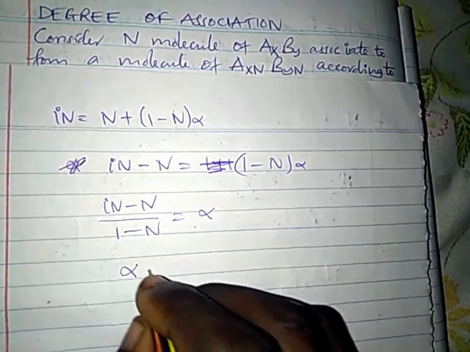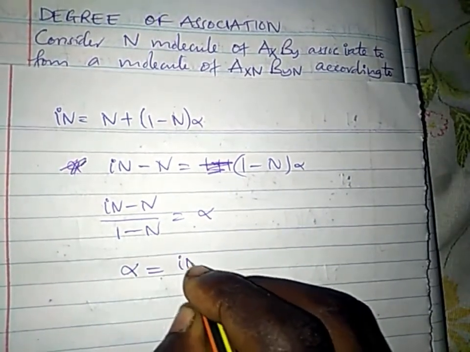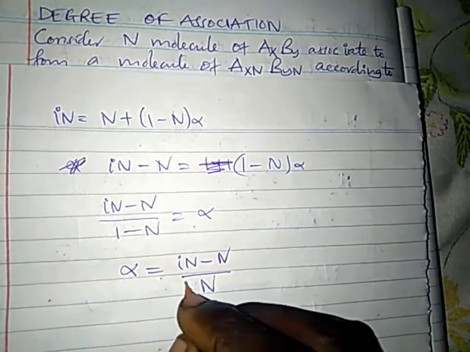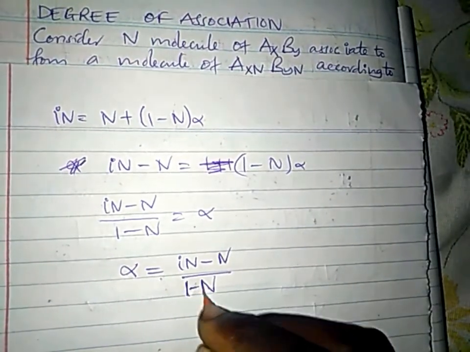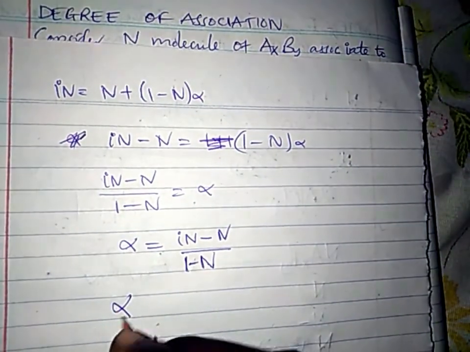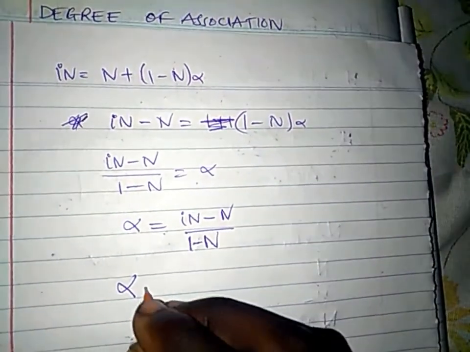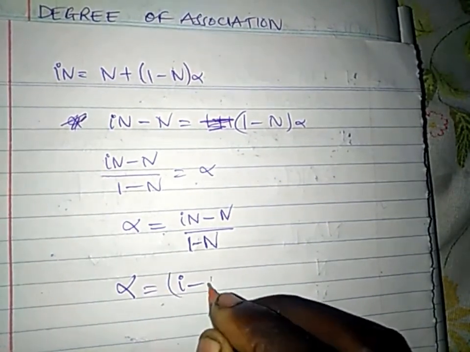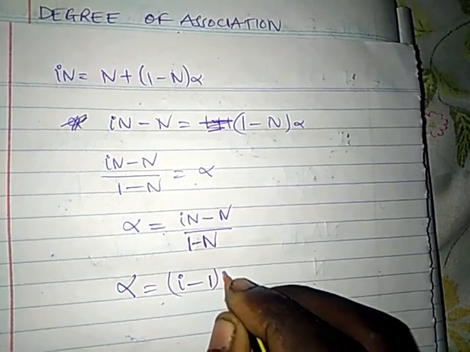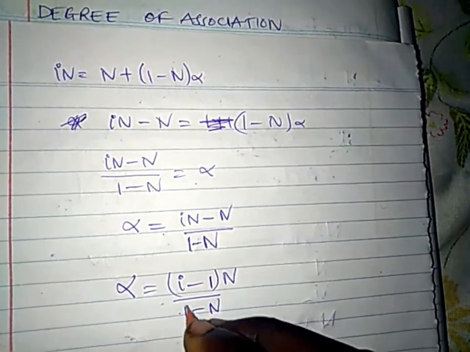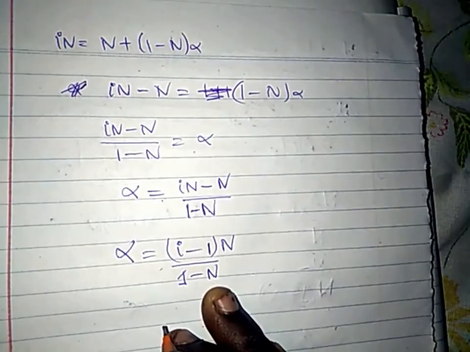So degree of association is equal to Vantage Factor n minus n divided by 1 minus n. So degree of association, not dissociation. Association is equal to Vantage Factor minus 1, then you kutapata n outside 1 minus n. Hiyo ndio degree of association.